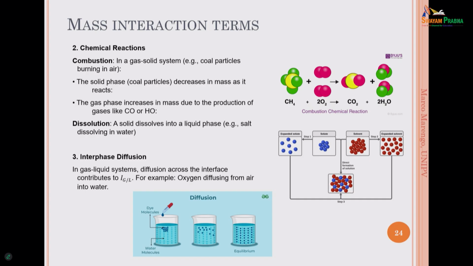Or we have dissolution, or interphase diffusion, so one phase that is entering the other. For example, we might have a liquid and a gas, but the gas is dissolved by osmotic diffusion in the other one. This means that we are changing the mass because there are these terms to be defined.